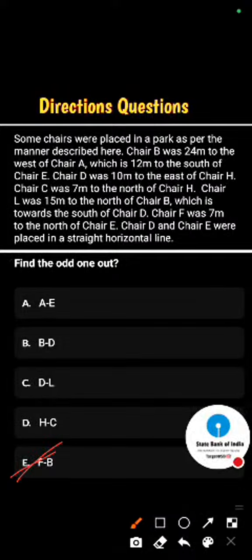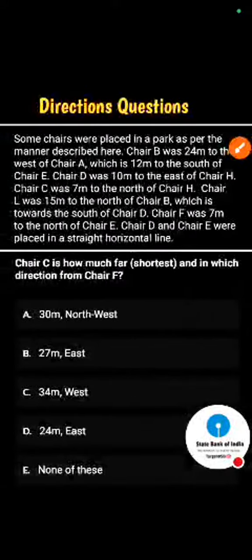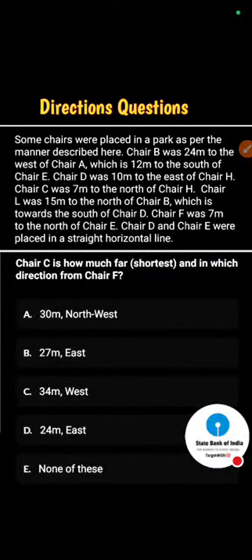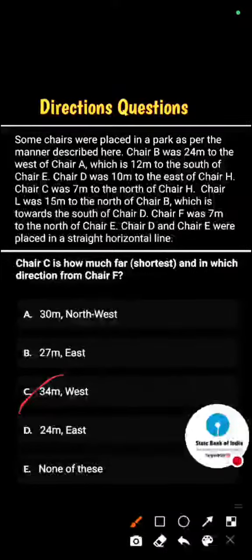FBA. Okay. Next question. Chair C is how far and in which direction with respect to F? With respect to F, it is to the west. So the distance between them is 34. 34 west. Option C is the answer. Okay.